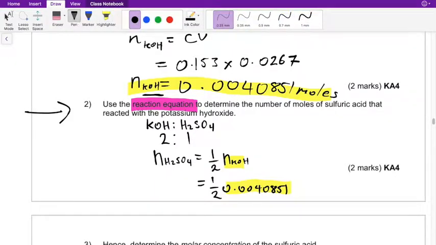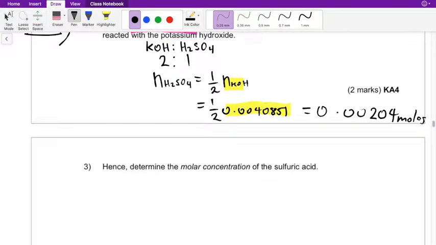And that's hence equal to, just put that in a calculator, 0.00204 moles. Cool. So hence determine the molar concentration of sulfuric acid.